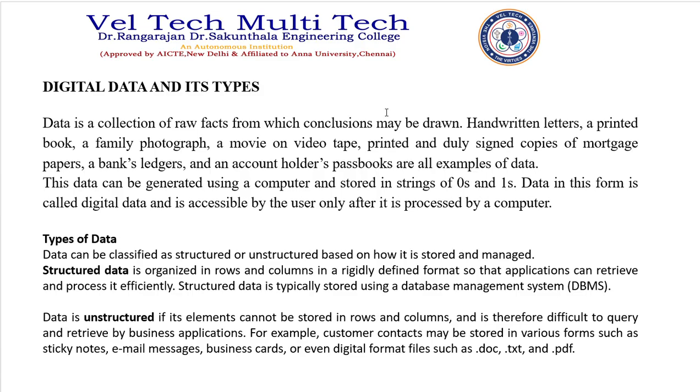This data can be generated using a computer and stored in strings of 0s and 1s. Data in this form is called digital data and is accessible by the user only after it is processed by a computer.